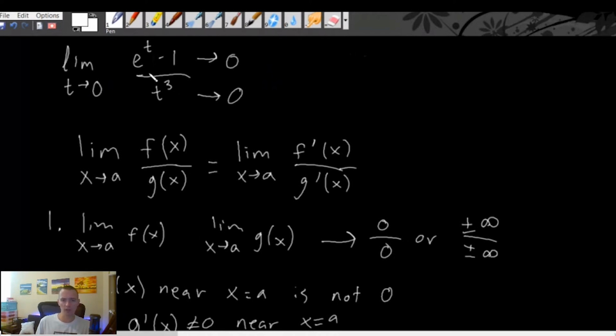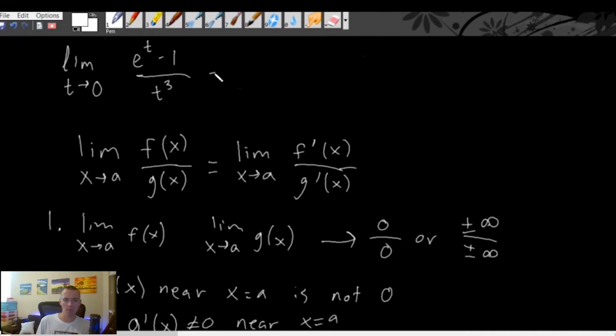So we want to make sure that t cubed does not equal 0 near t equals 0. In fact, t cubed is only going to equal 0 exactly when t equals 0. So we do know that t cubed does not equal 0 near t equals 0, only specifically at that point. Since both of those conditions are met, we can use L'Hopital's rule to evaluate this limit.